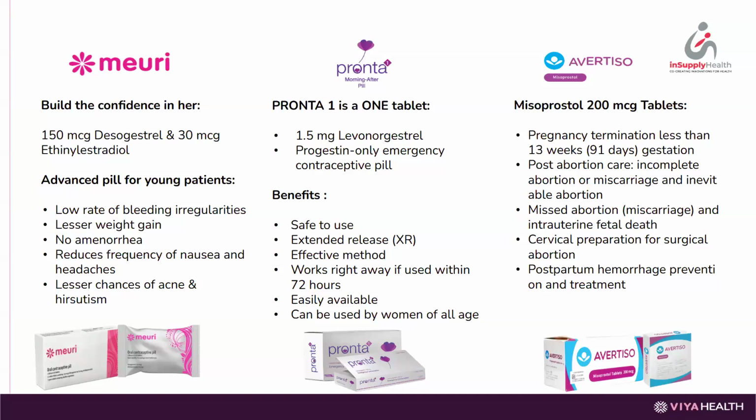We have Misoprostol, that is Avatiso, which is also available in different clinics, including Marie Stopes. Those are the three products that Via Health is pushing in the market, in pharmacies across the nation. If you are interested in them, you can always reach out to us.